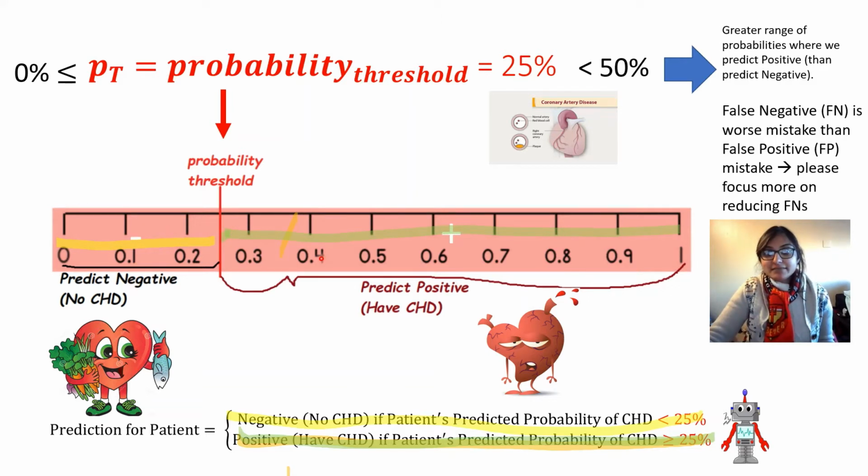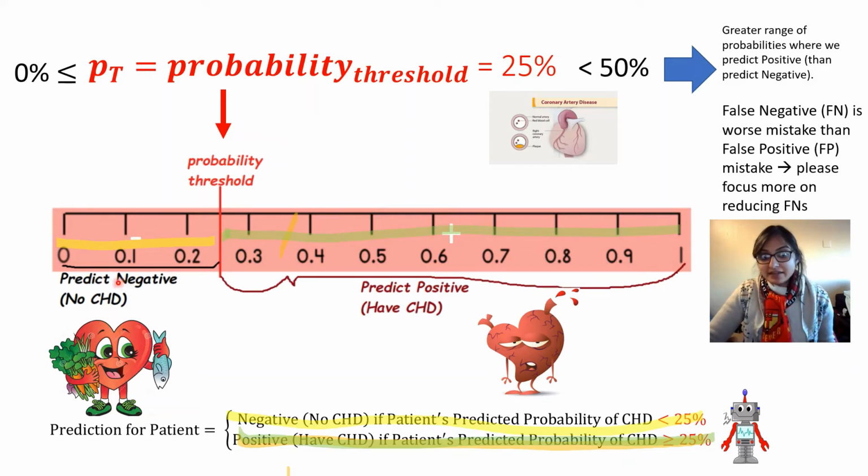And what this basically means is that because we have more probabilities predicting positive than negative, we would rather predict more false positives, like more times would we want to predict someone is positive, even if it's false, than predict that the patient is negative.